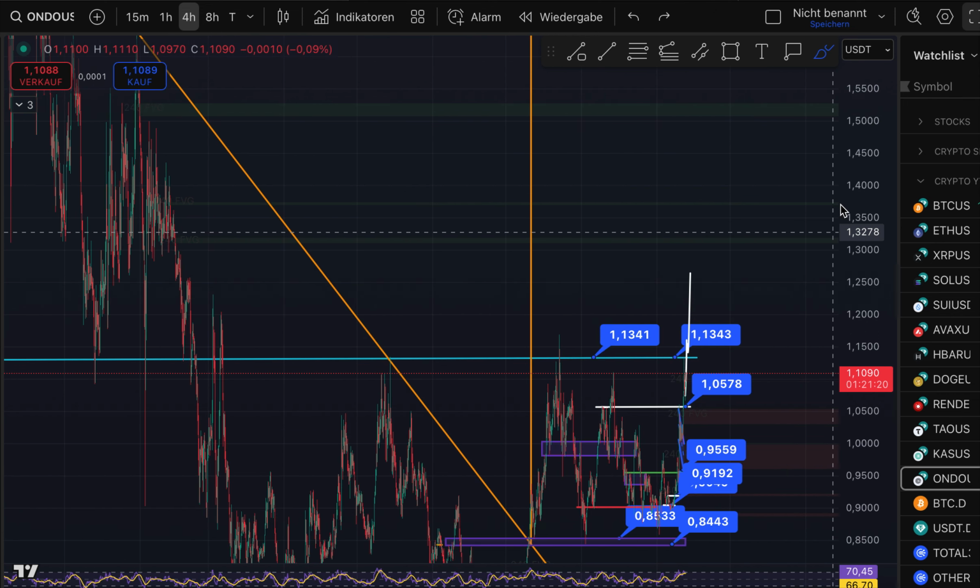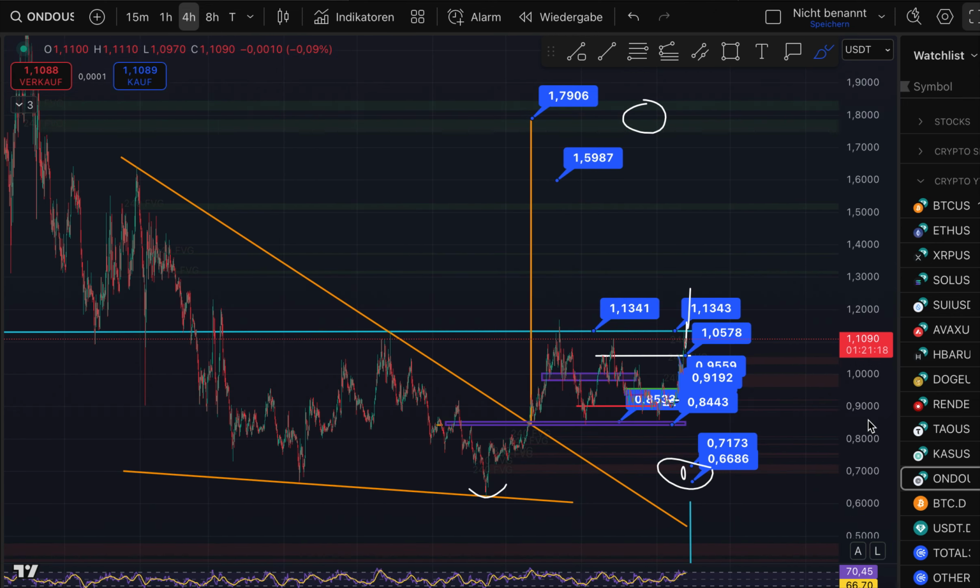If you have never seen a chart, don't look into the charts which you see on Revolut, which you can see on your bank, or if you're from Germany, Trade Republic, for example. Don't look into those kinds of charts. The charts from exchanges like Binance, Bitget, MEXC are far better, because there you can also see wicks.